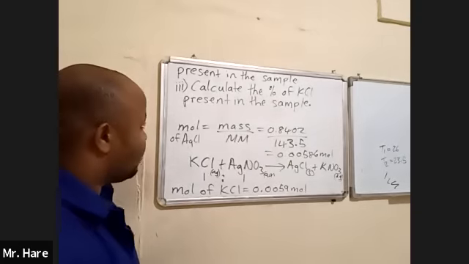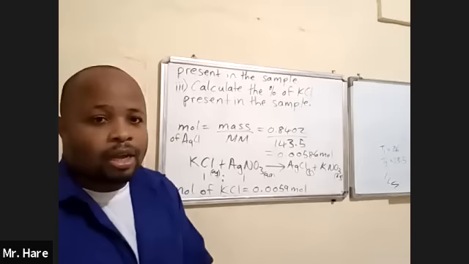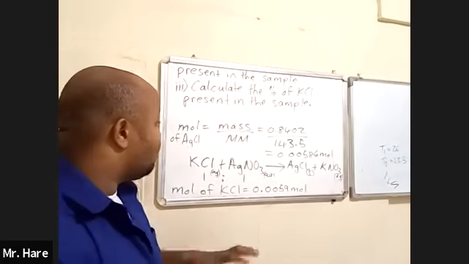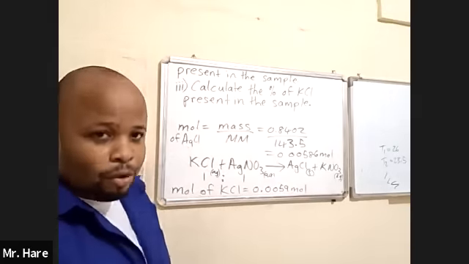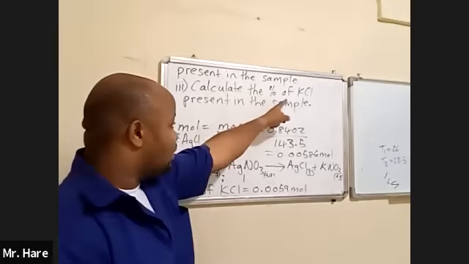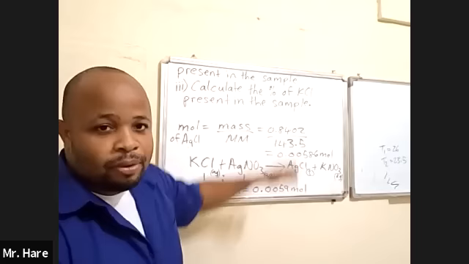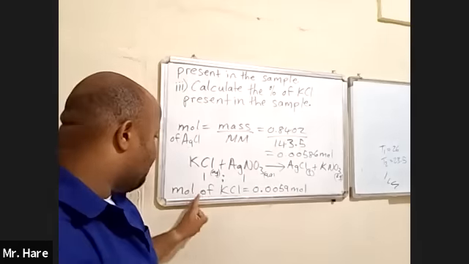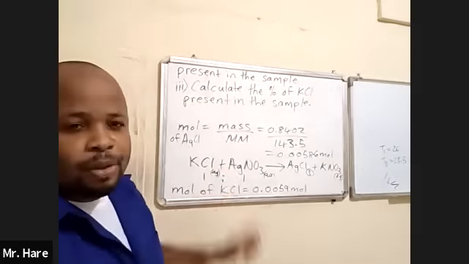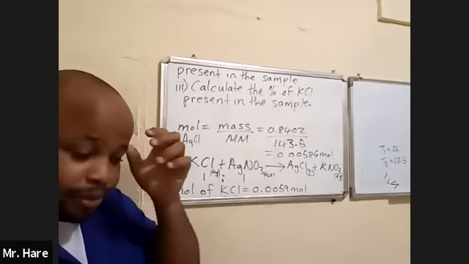So they could have asked you for the mass. Also, they didn't have to ask you any of this. The only question could have been: calculate the percentage of KCl present in this sample, 6 marks.